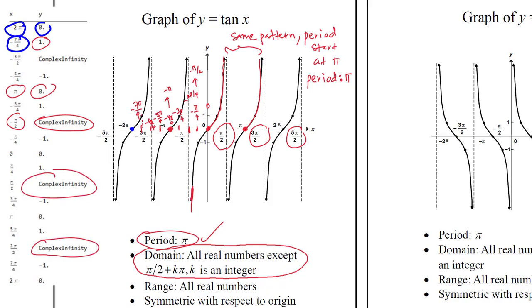And then the range is all real numbers. You can see here for x, this is the range. You get infinity, so you can get any number.